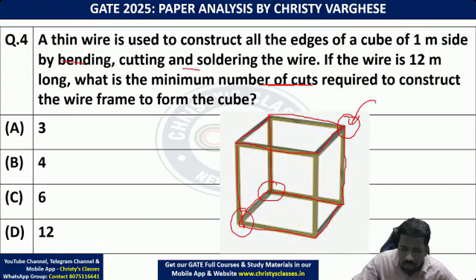From here, I have to again lift the pen to draw this. So total 1, 2, 3 बार pen lift किया, means 3 बार cut भी करना है.